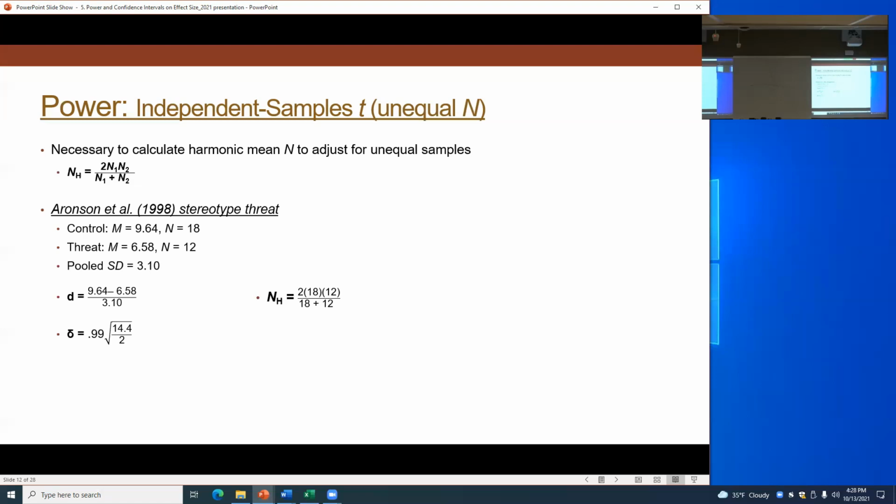But what I need to do now is remember that to solve for sigma, I need my effect size times the square root of n over 2. But because I've got different numbers in each group, this is assuming that I'm going to run a study with an unbalanced design. Oftentimes, if we're looking at pre-existing groups, I might know that I'm going to have unequal groups.